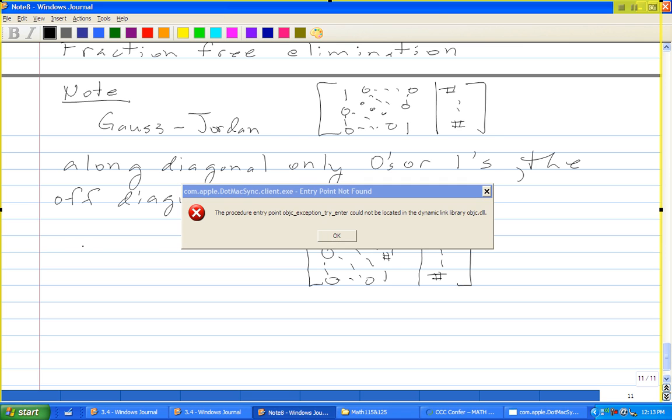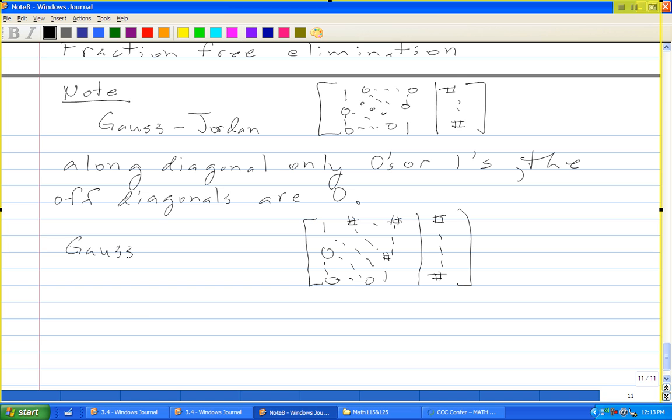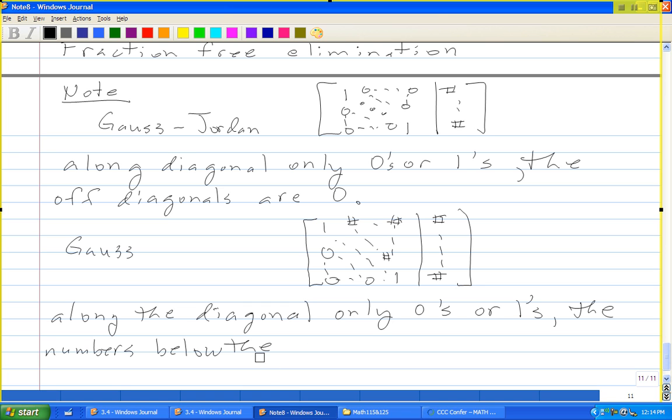In Gauss's method, along the diagonal you only have zeros or ones, and the numbers below the diagonal are all zero.